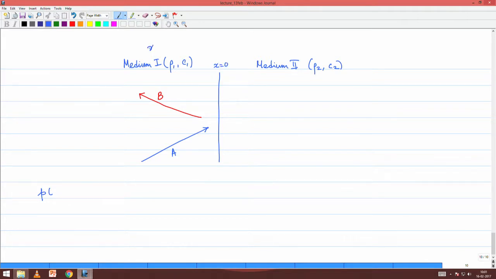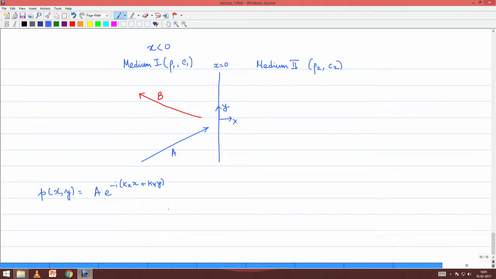In the region x less than 0, you will have p of x, y given in the following fashion: A e to the power minus i (k x x plus k y y). So, both the components in the x direction as well as in the y direction, this is my x direction and this is my y direction, the wave is travelling in the forward direction.